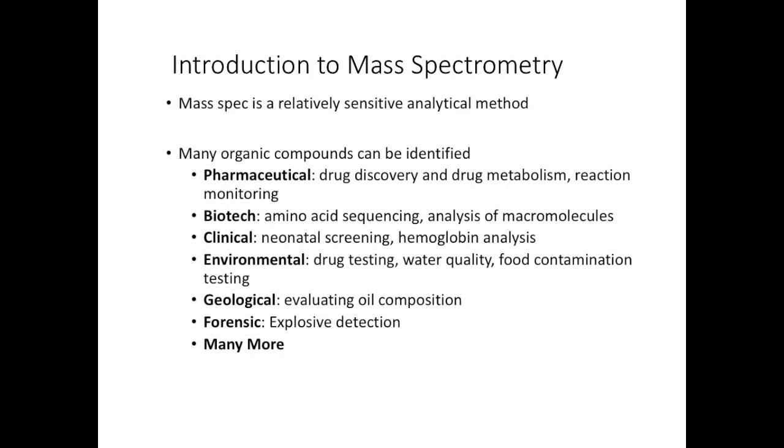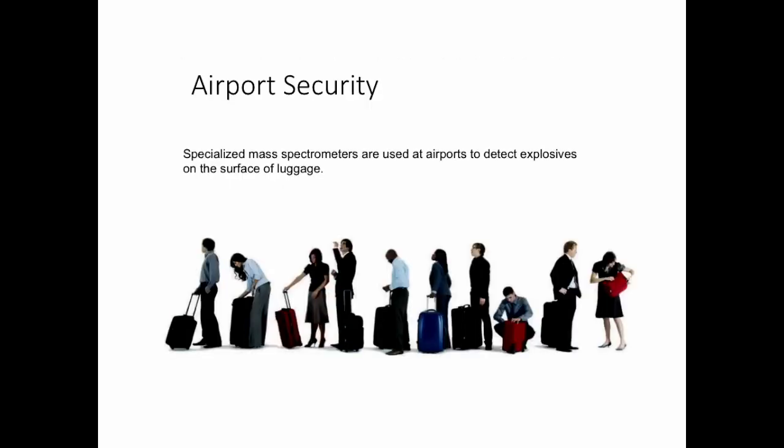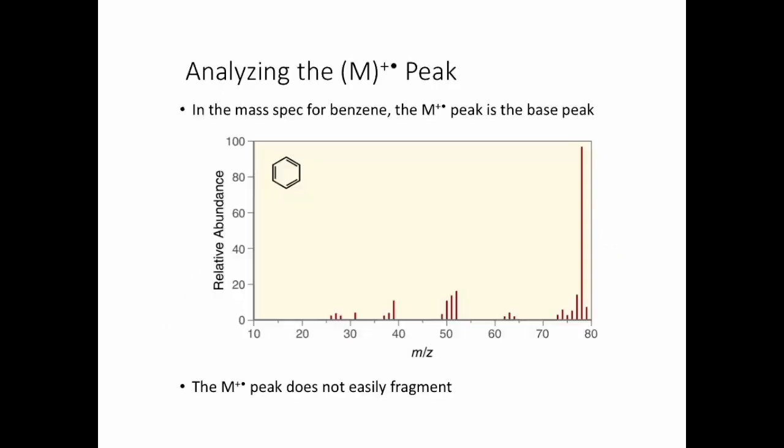It can be used in forensics for explosive detection and in geological fields, for example, to evaluate oil composition. In airport security, specialized mass specs are used to detect explosives on the surface of luggage.